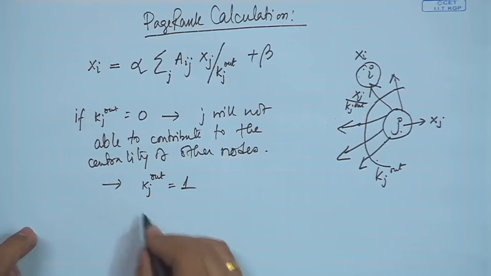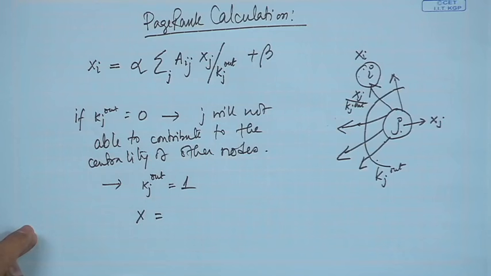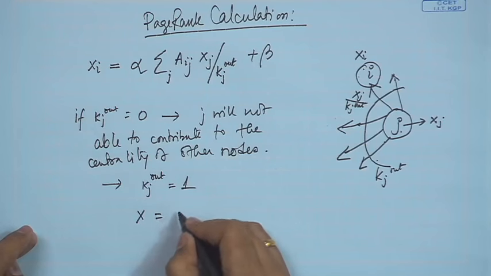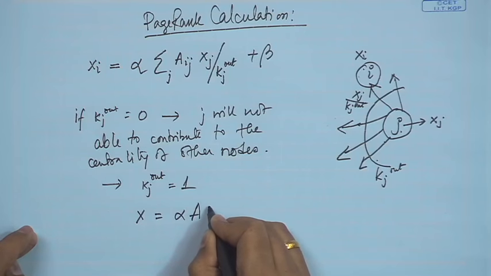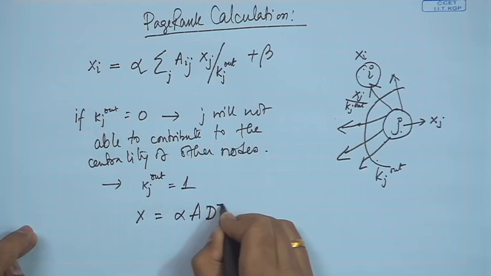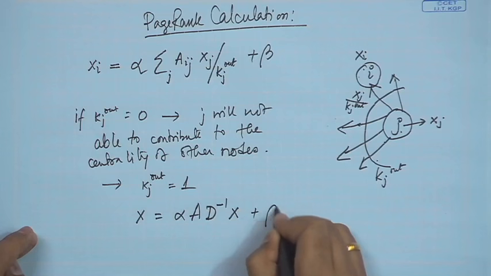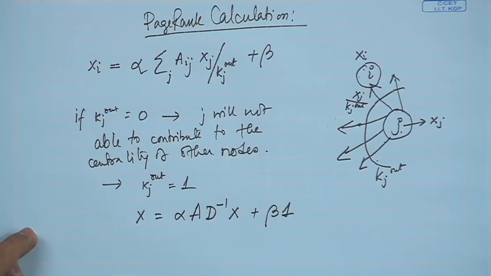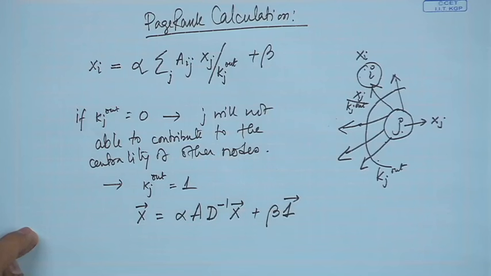In that particular situation we can write again the vector form of the equation as x equals alpha A D inverse x plus beta times 1, where these are all vectors.